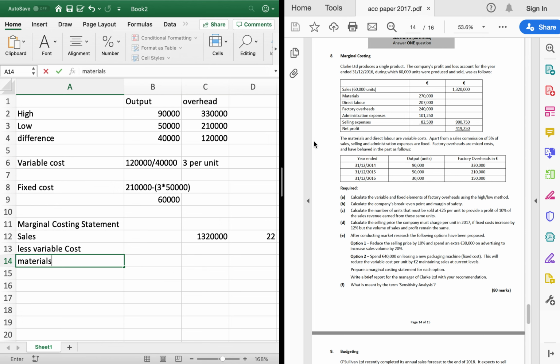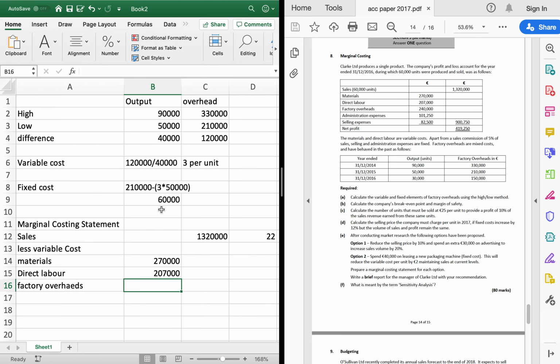So the materials are 270, and the direct labor is 207. We've worked out with factory overheads that they are €3 per unit. So 3 by 60 is 180,000.